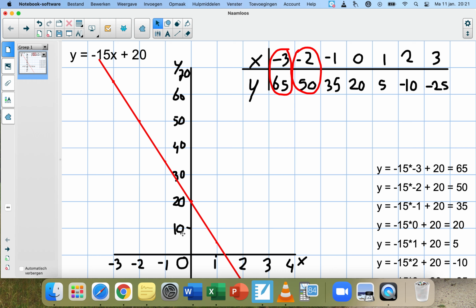But when you draw the coordinate system, look at your table to decide what kind of steps you use on your axis. Lastly, after you've drawn the points, you draw the line through the points. You don't stop at the first point you've calculated, you don't stop at the last point you've calculated. The line goes through all the points.